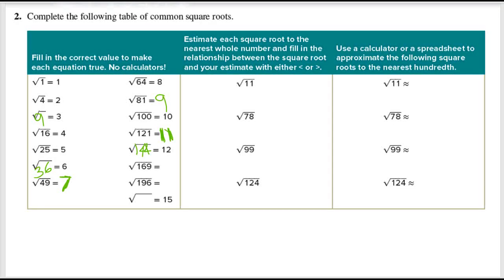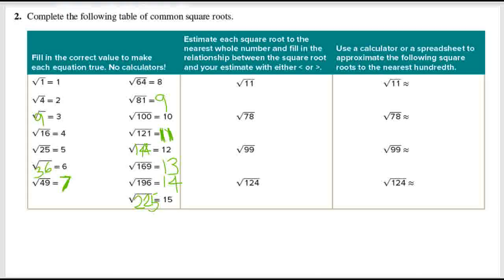Actually, I showed you that 12 squared is 144. And we saw that 169, square root of that is 13. 196, square root is 14. It's kind of interesting. And the square root of 225 is 15, because 15 times 15 is 225.